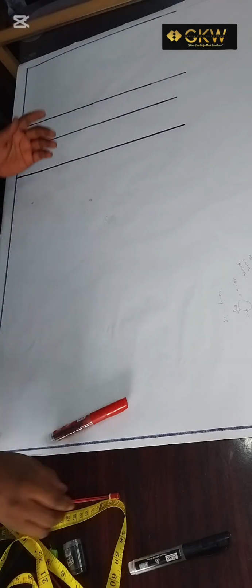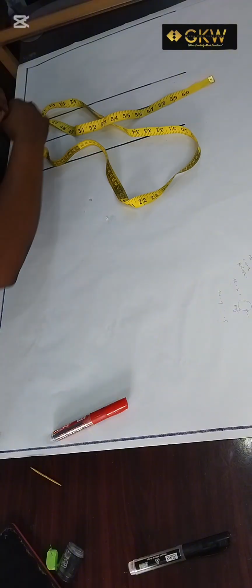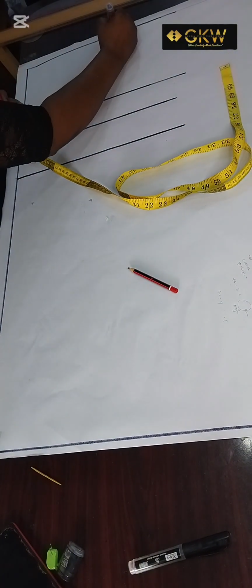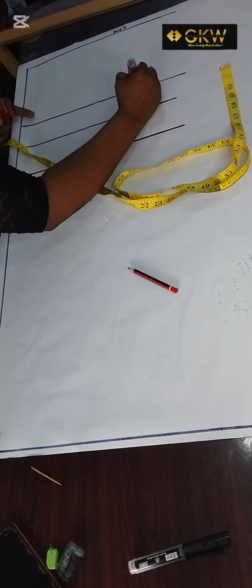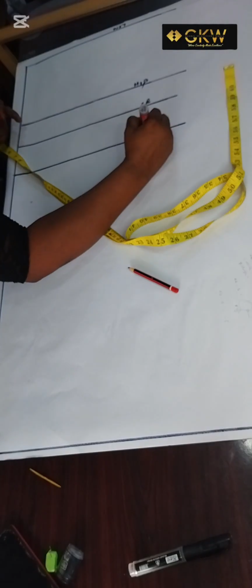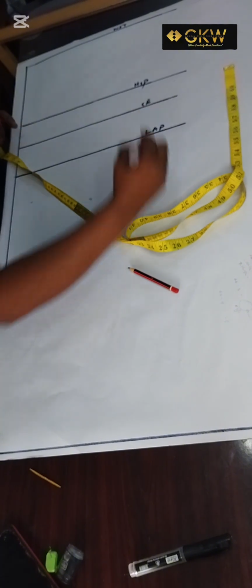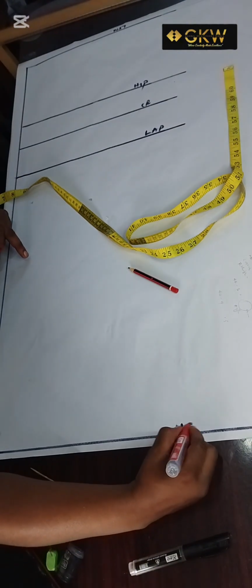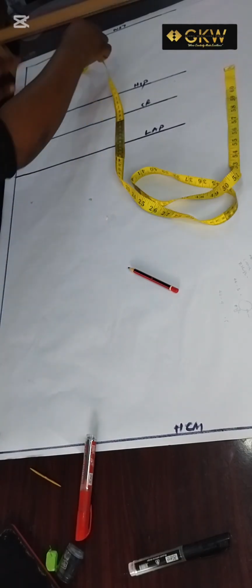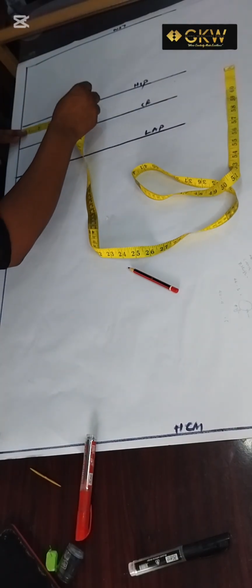Moving forward, the next thing we're going to be taking is our hip measurement. Let me label this. This is the waist, this is the hip, this is the crotch, and this is the, let me say the lap, and then this is the M. So I come to my hip line.